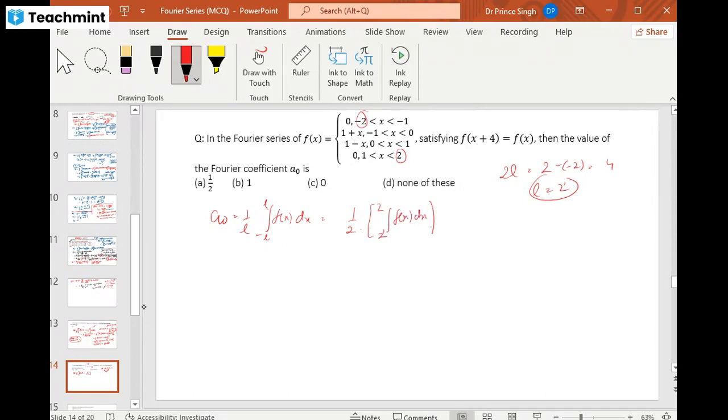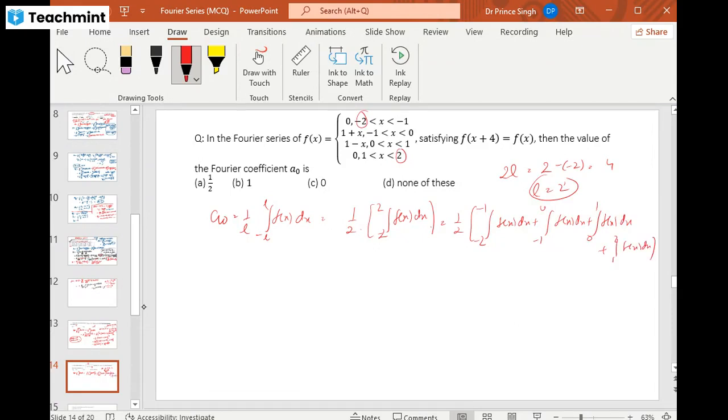So 1 upon 2, interval is minus 2 to 2 f of x dx. But because your function is discontinuous, we need to split our integral as minus 2 to minus 1, minus 1 to 0, 0 to 1, and 1 to 2.